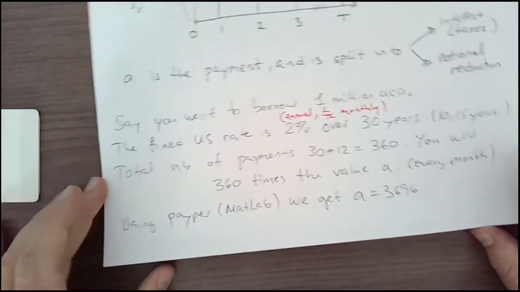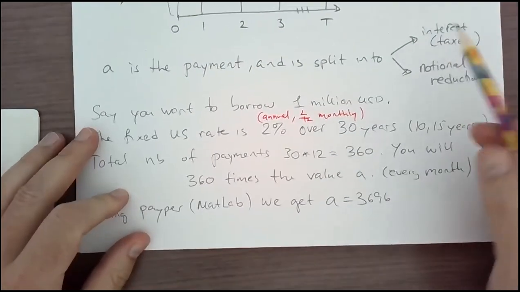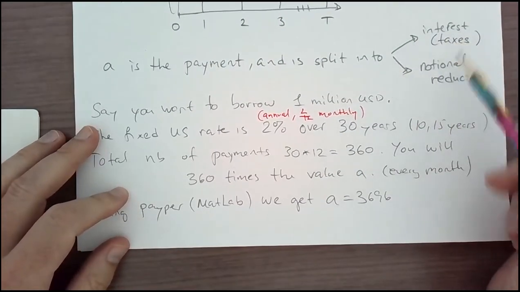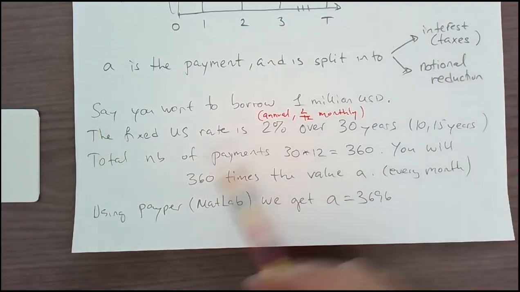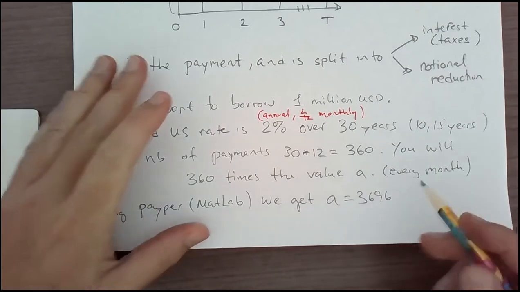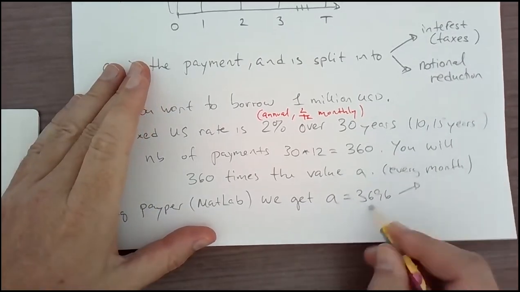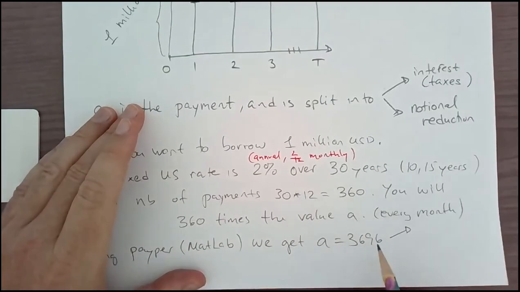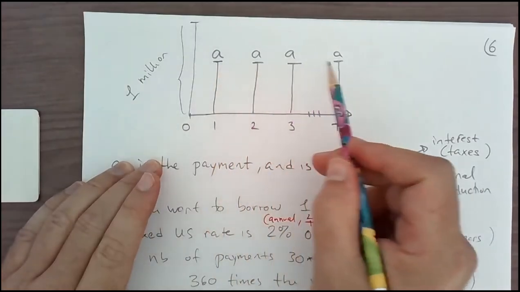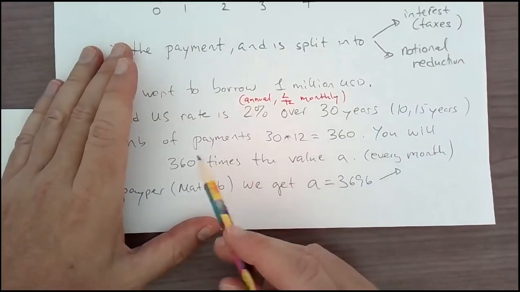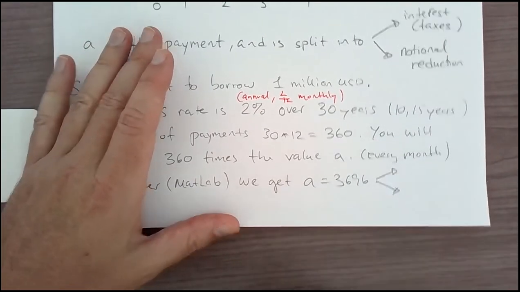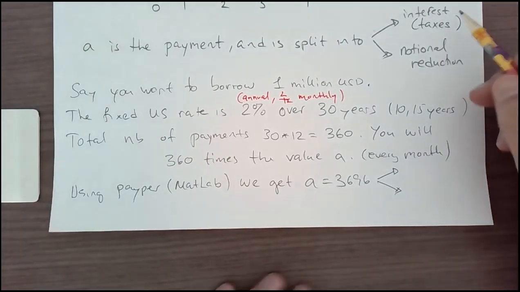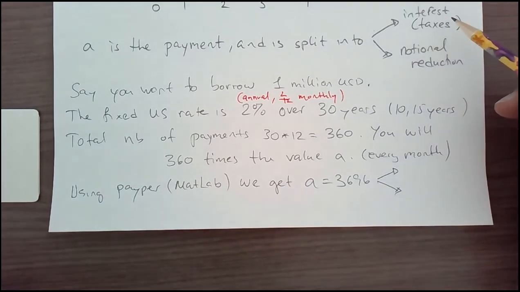Right, and so as we said, we split A into interest and notional reduction. So how much is the split here? Your first payment is 3,696. This A here is the same every single month for the next 360 months. Well, to figure this out, we need to compute what is your interest payment.